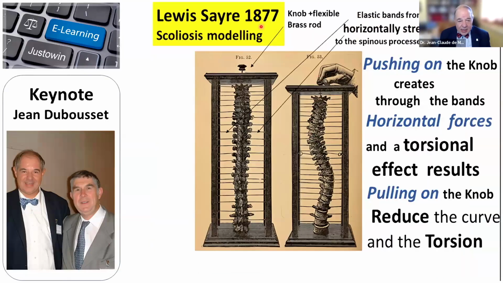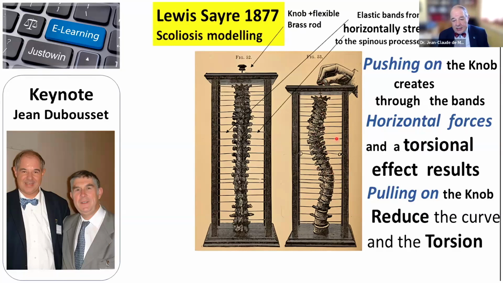And historically, you remember, I show you this slide, the work of Lewis Serre with a geometrical detorsion and the horizontal rotation. When you push on the copper rod, you have the rotation automatically, and if you pull on the rod, you correct scoliosis.